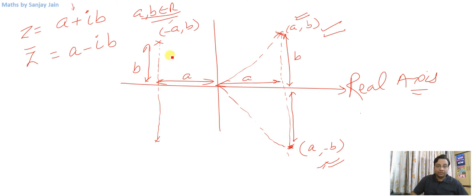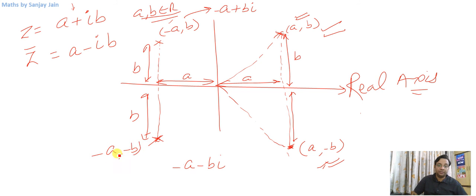So what is the complex number that it refers to? Minus a plus b iota. So its conjugate will be minus a minus b iota, which is here. So this length will be b in negative direction. So this point will refer to minus a comma minus b, which is its conjugate.